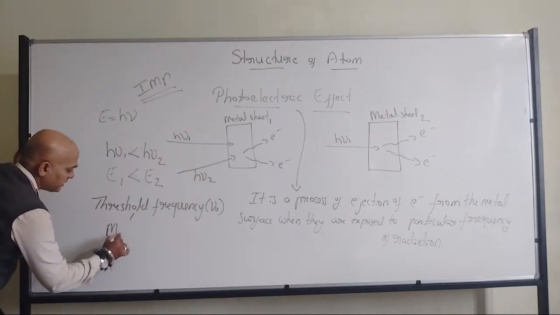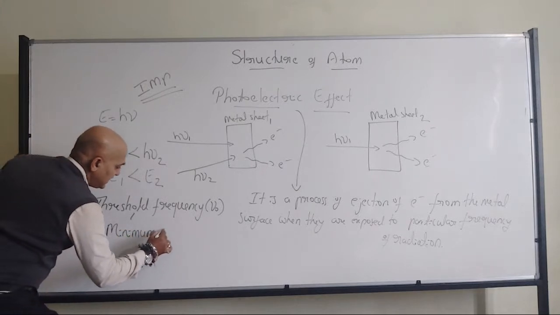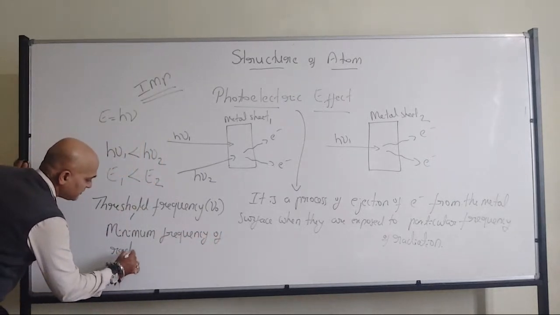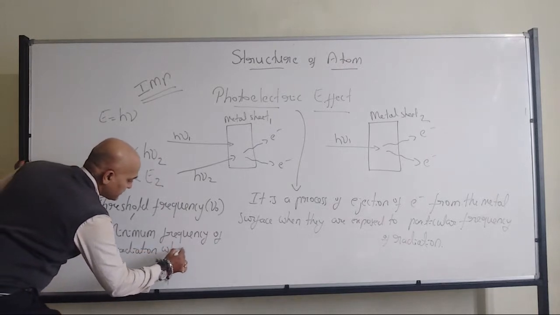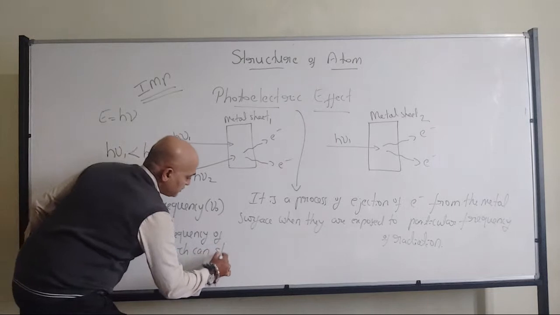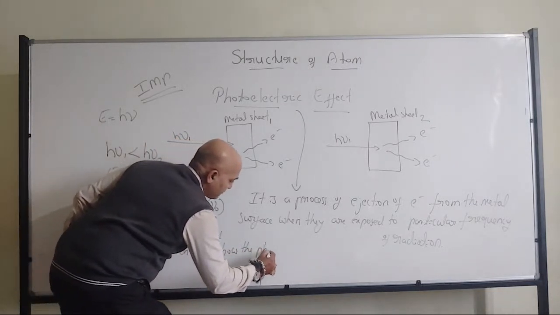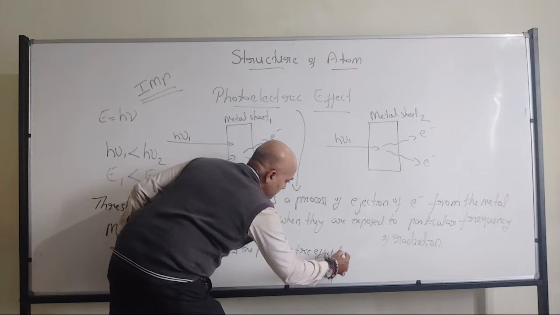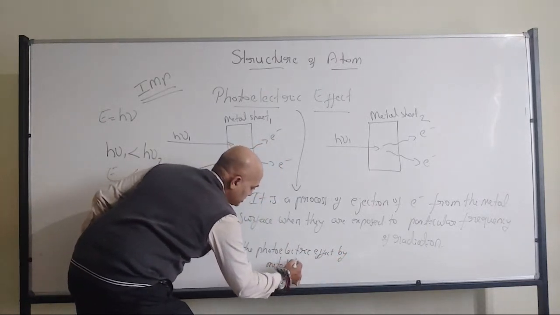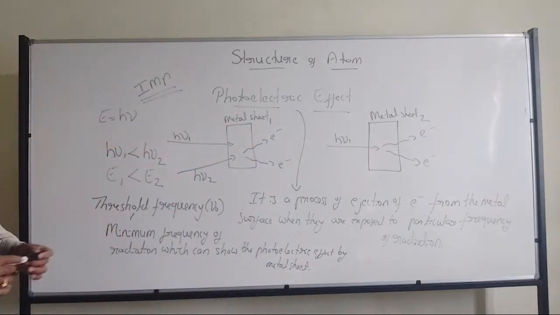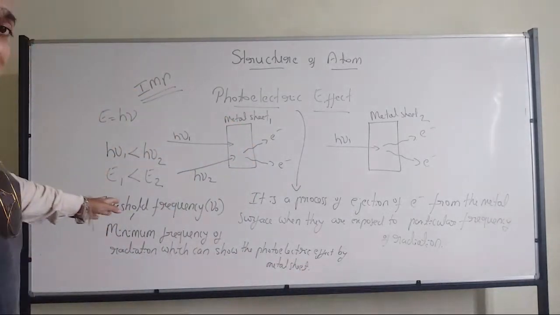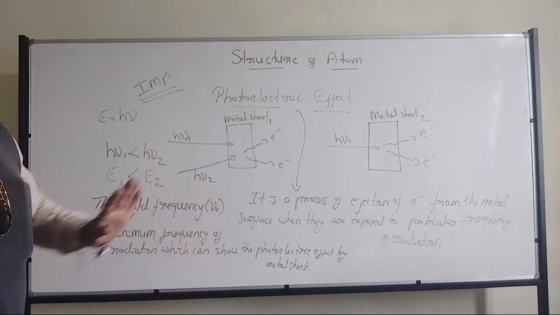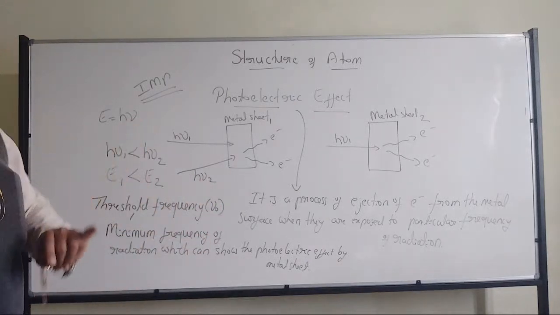Threshold frequency is nothing but the minimum frequency of radiation which can show the photoelectric effect by a metal sheet or metal, anything is fine. That is called threshold frequency.